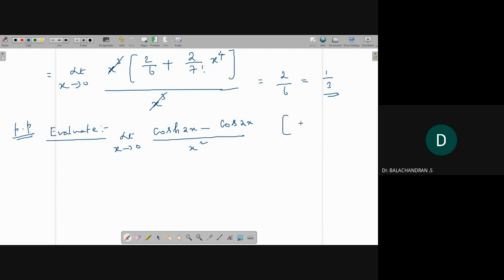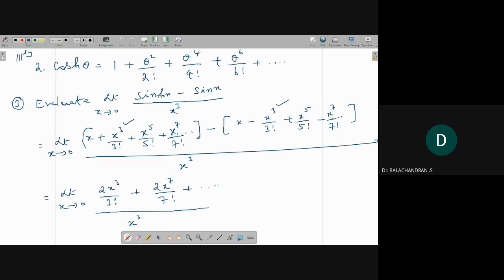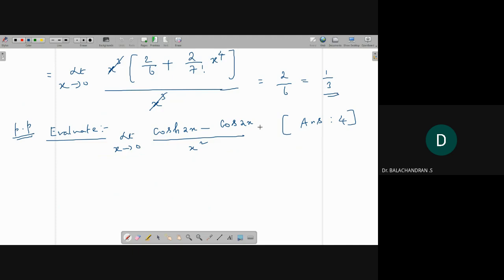The answer for this problem is 4. Same thing: I did sin hx and sin x, so you are going to do cos h2x and cos 2x.